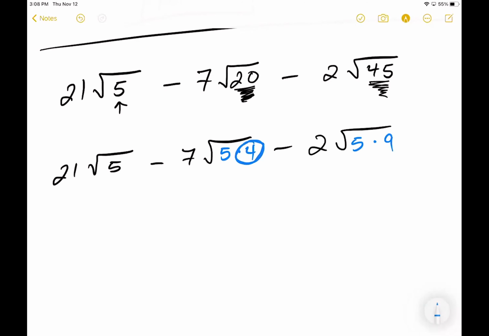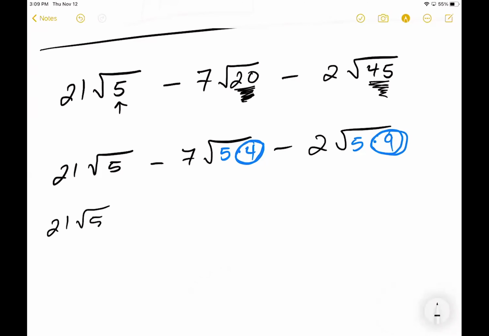Because again, our goal is we need the same number inside your radical term. And purposely, I made this problem up. Purposely, the 4 is a perfect square and the 9 is a perfect square. What can you bring to the outside?